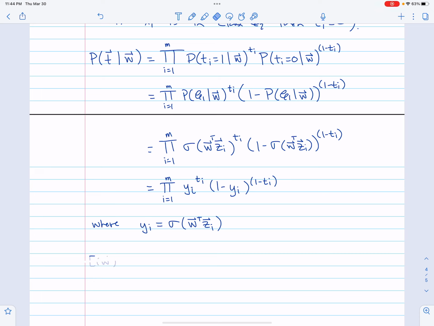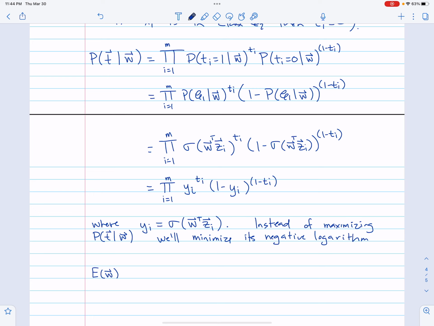So instead of maximizing this thing here, which we've just been talking about, we'll minimize its negative log. Okay, and we're going to call that negative logarithm E of w. So it's the negative log of this thing we've been working with.